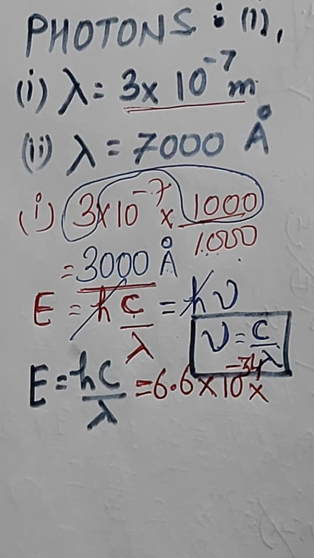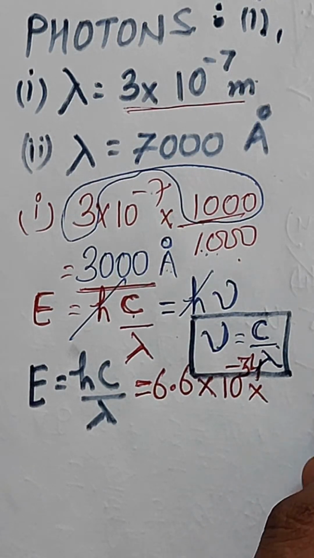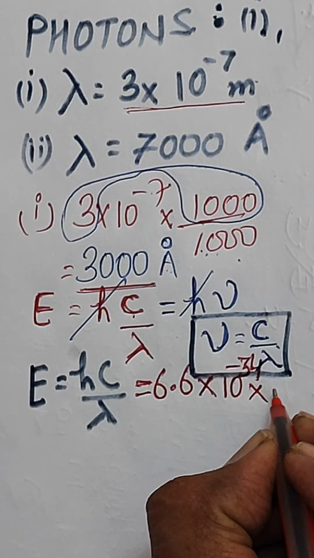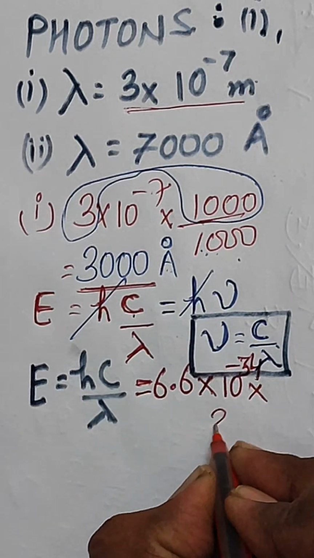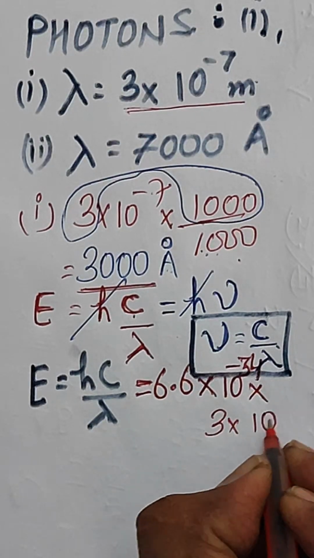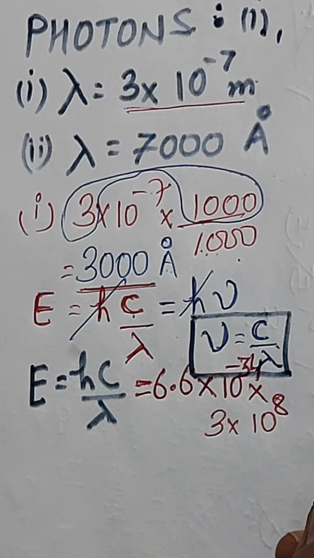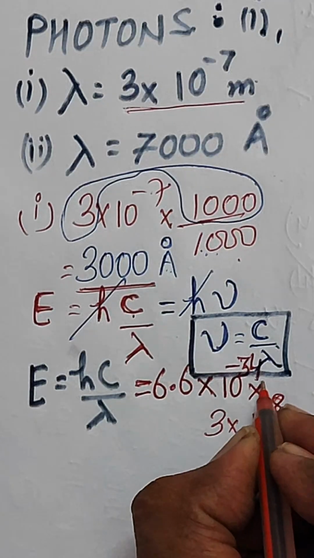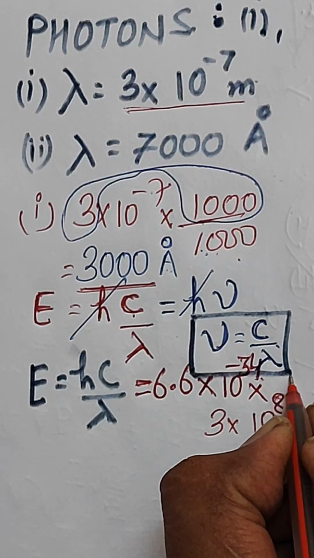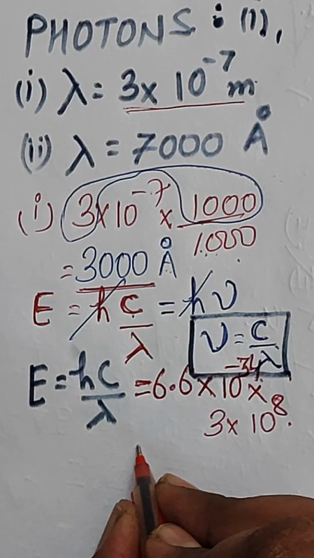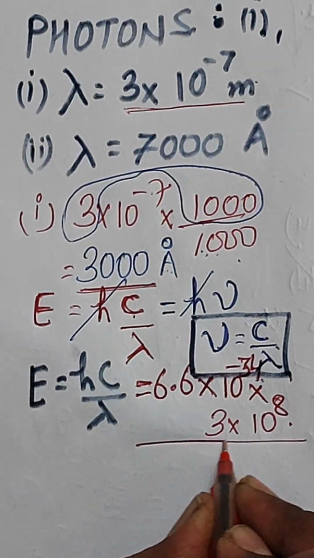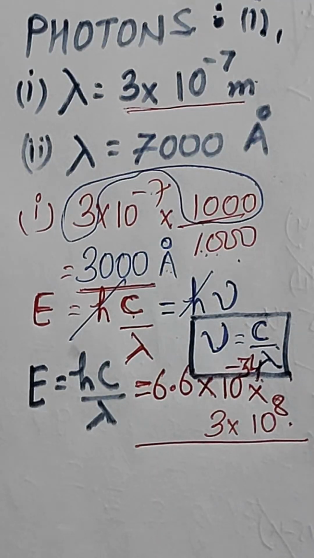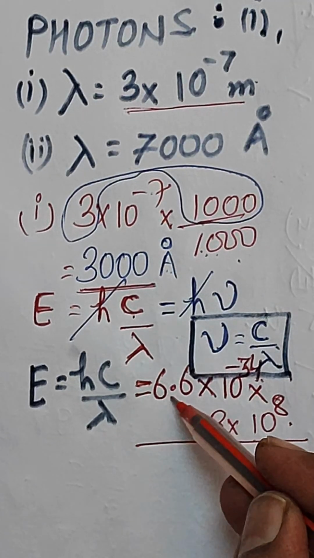It's 3 × 10^8 meter per second. So just write it, multiply it with 3 × 10^8 meter per second, and here is joule second. I'm not writing units over here, just putting up the values first.